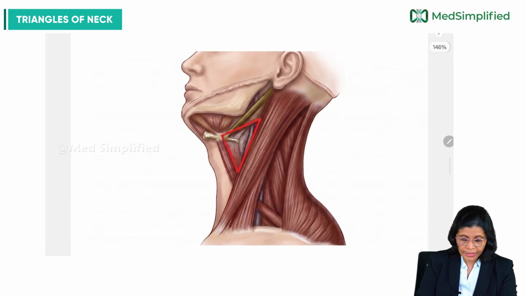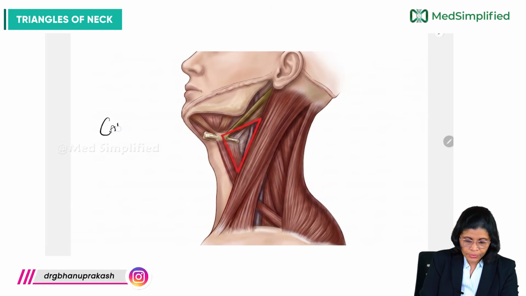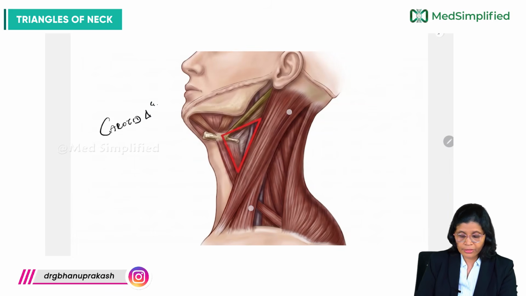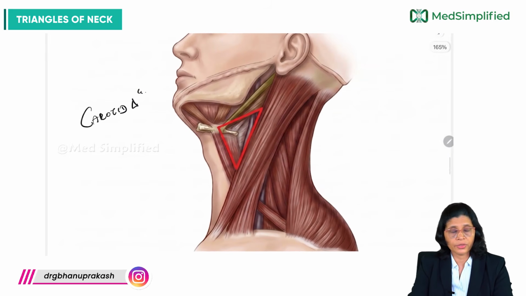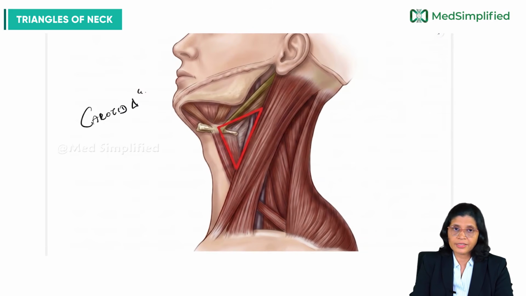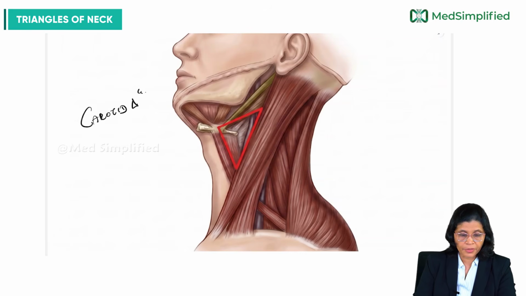Here we see the carotid triangle. Okay, so carotid is a very important triangle here. It is so called because all three carotids, the common carotid along with its branches, the external as well as the internal carotid, we see in this region.